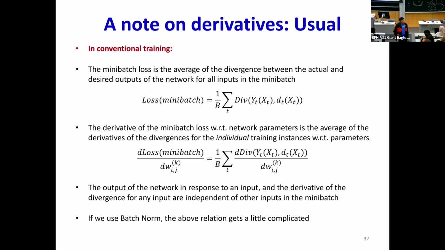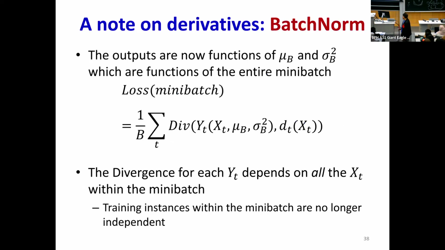And then when I computed the derivative of the loss, because of the additive nature of differentiation, the derivative of the loss with respect to any parameter simply became the average of the derivatives of the losses for the individual training instances with respect to that parameter. This was easy to do. And so I could just compute this derivative individually for every training instance. Now I can no longer do that.